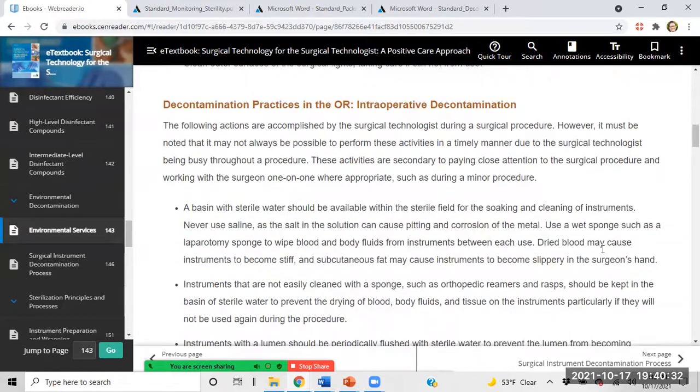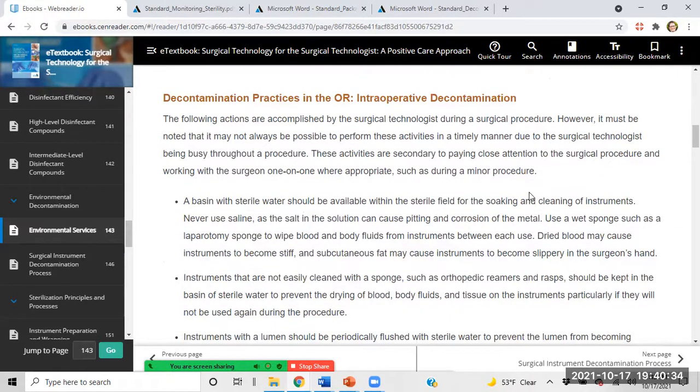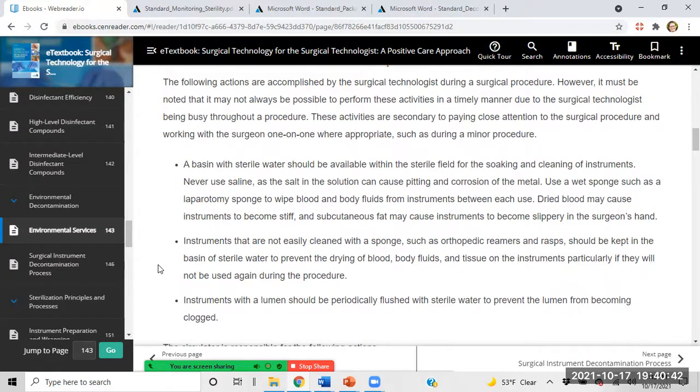And then during the procedure, there is some responsibility on you. You're going to be busy during the procedure, of course, but you're also going to be paying close attention to when there's a break and you have some downtime, that you're utilizing it with a basin of sterile water for soaking and cleaning of instruments.